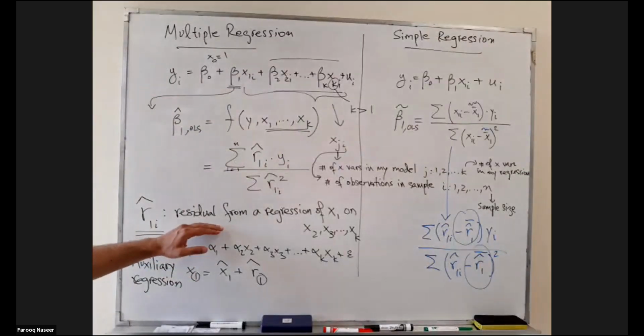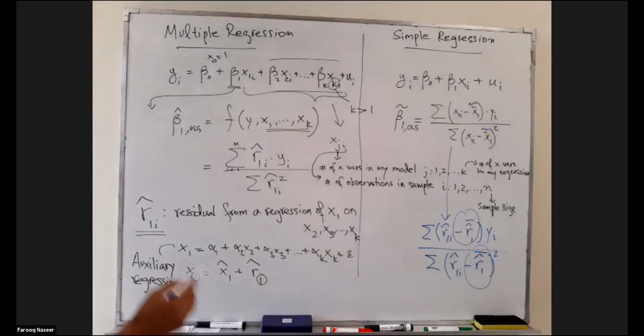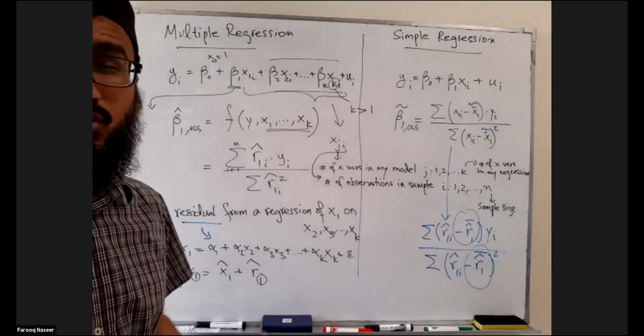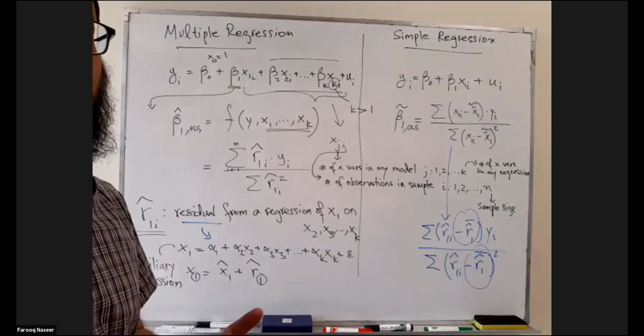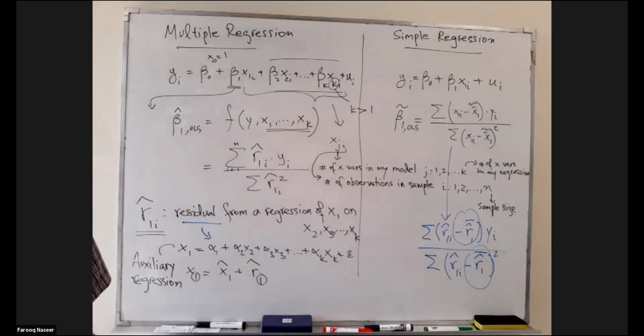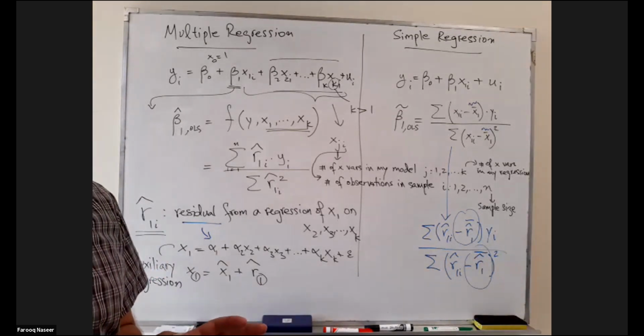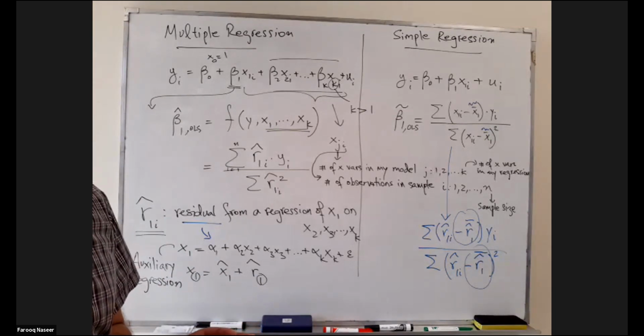But because this is an OLS residual, we know a property of OLS residuals. What is that property? This is a residual from this regression. Whenever you estimate a regression using OLS and obtain its residuals, those residuals have certain properties. We talked about that in chapter 2. What are some of the properties of the OLS residuals? Sir, the sum of the residuals would be 0. Yes. So the number one property of an OLS residual is that it sums up to 0.